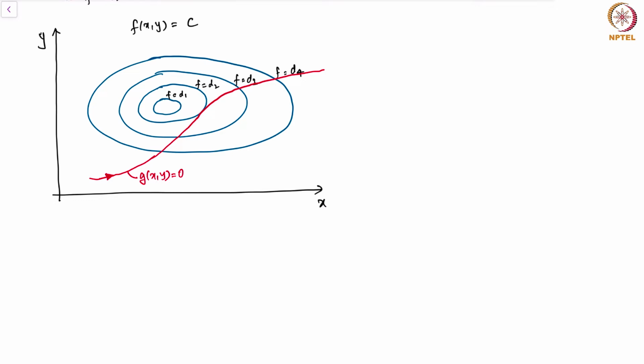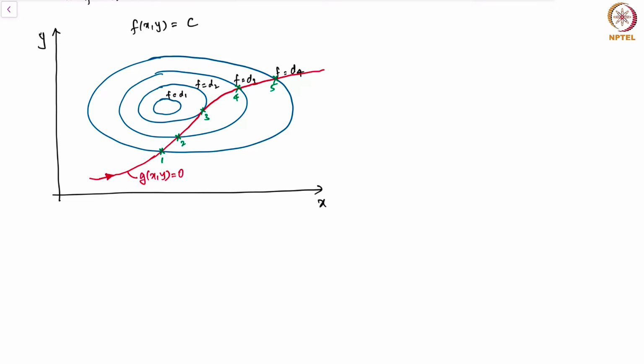Okay, and I also want to be on the constraint. So I can easily identify several points. For example, this is one such point, this is another point, this is a third point, and so on. You could have an infinite number of points because this is a smooth curve and there are several contours of f of x comma y. I've only shown a few specific contour values. Now let's basically number them 1, 2, 3, 4, and 5, and so on.